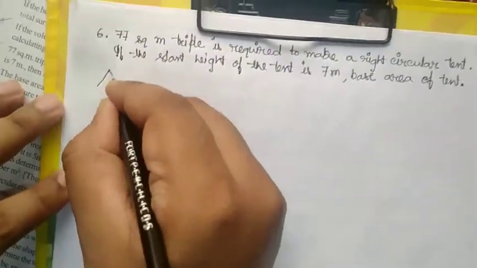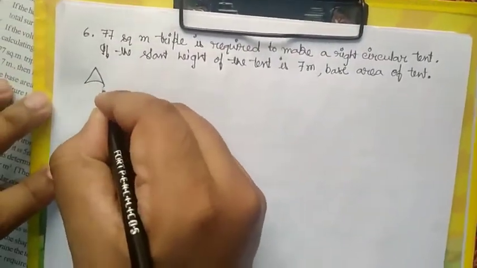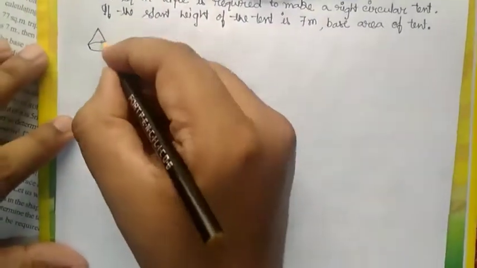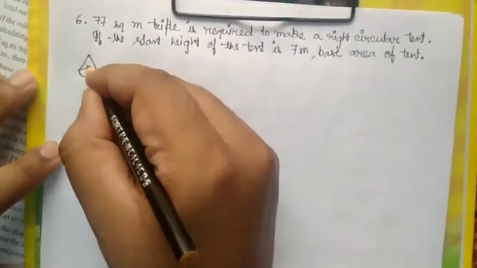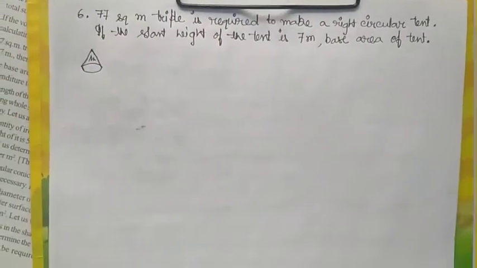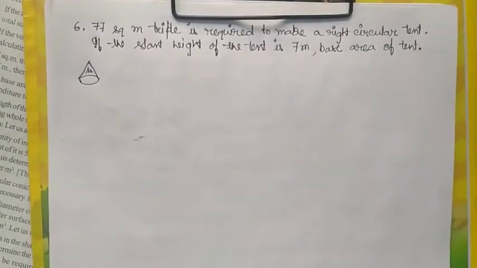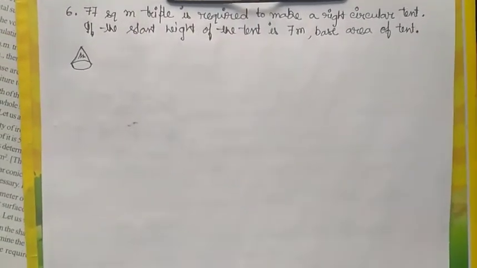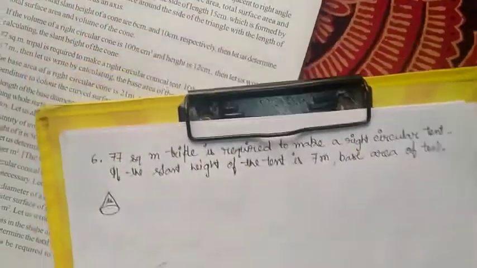So therefore, if this is the tent, the tarpaulin makes this thing. So 77 square meter means the curved surface area.